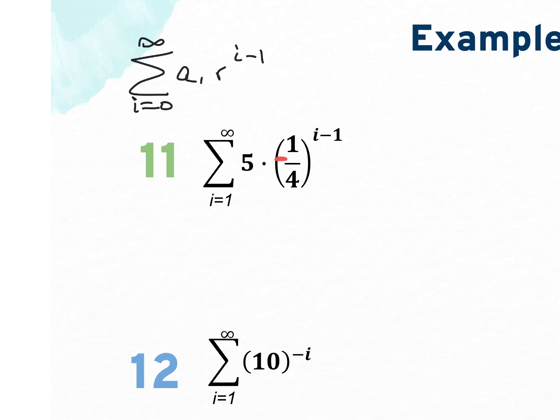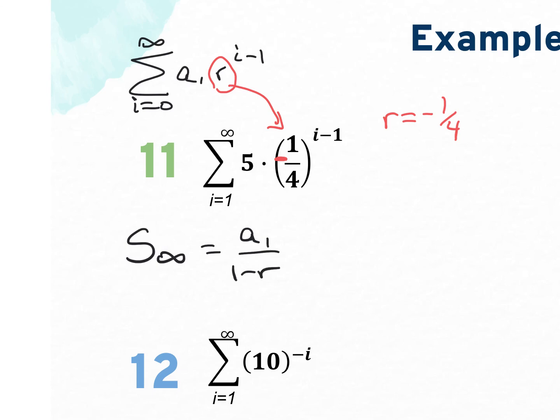So my r value is the 1/4, the negative 1/4. So that's my r. And again, the formula, S sub infinity equals A sub 1 over 1 minus R.